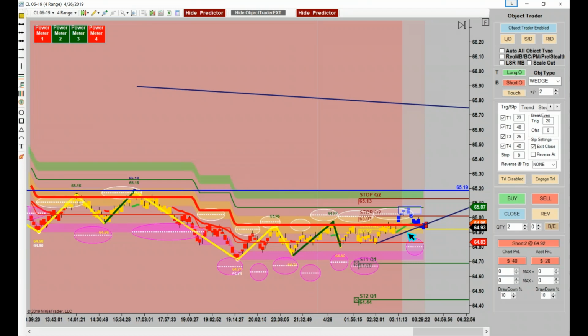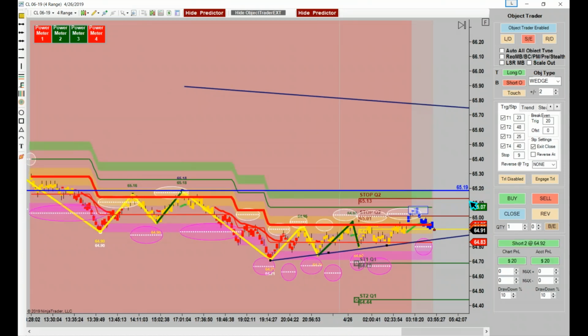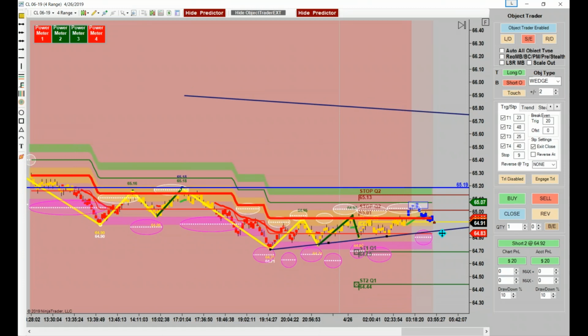Now you could also, if you're the type of trader that likes to add to trades at all, use your little wedge. And if they do break that, maybe you want to add one. See, because that would be breaking a trend line.